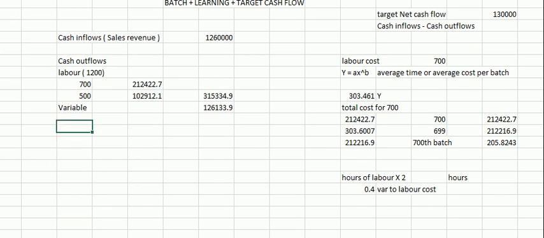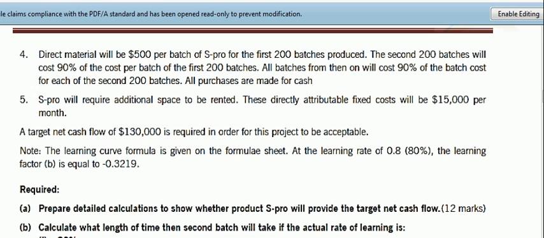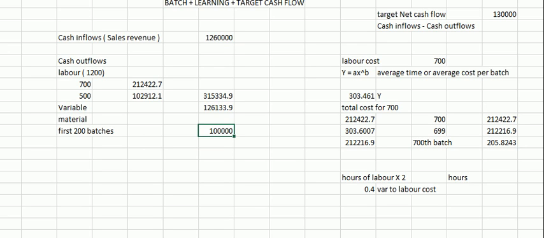Okay, for material, the first 200 batches material cost would be simply 500 multiplied by 200. This will give us 100,000, since it is 500 multiplied by 200.